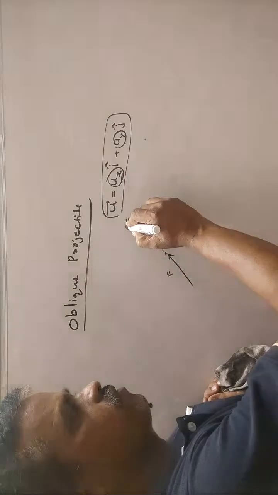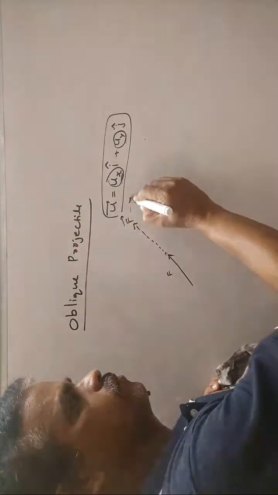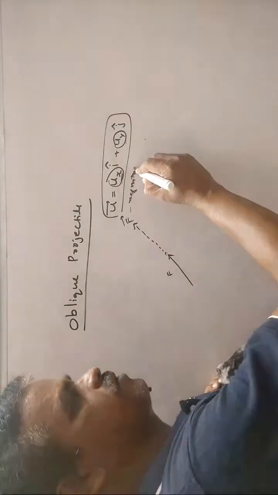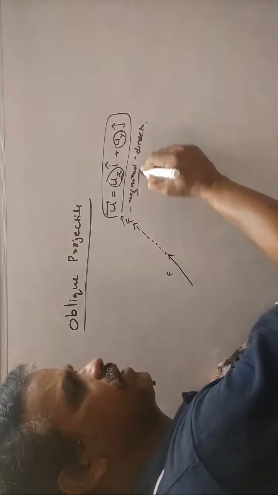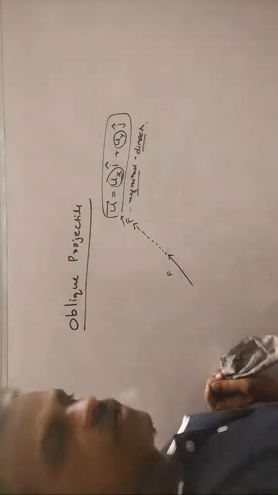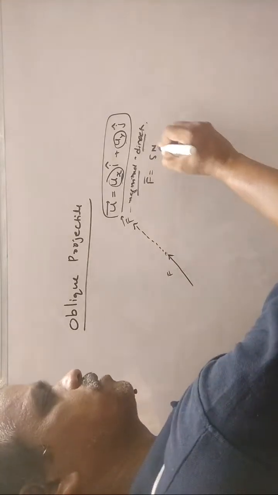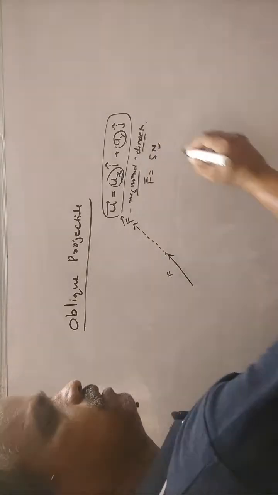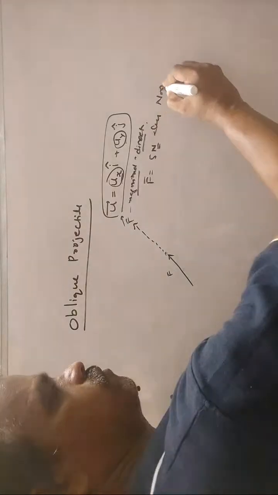Force is a vector quantity. It has magnitude and direction. For example, F equal to 5 newton, newton is the unit of force, along the north direction.